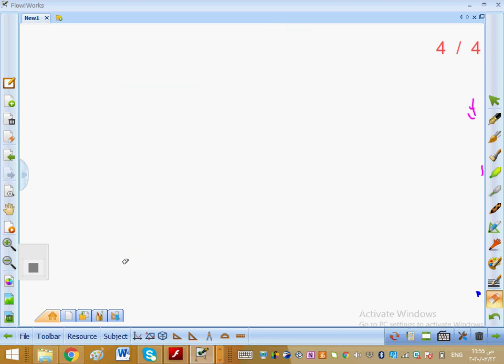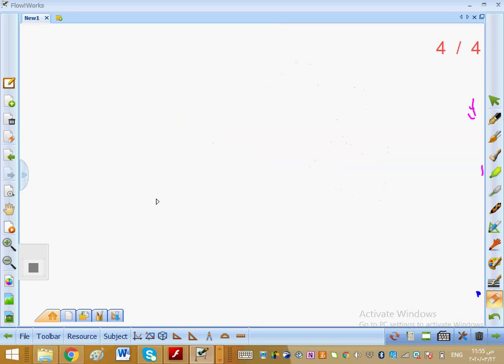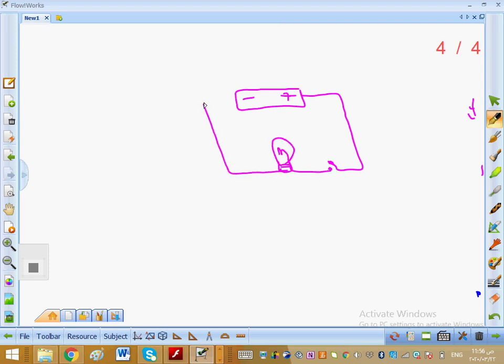So if we have a simple circuit, then we added, for example, a light bulb anywhere here. So, for example, if we have an electric circuit, and then I'll put a light bulb here, okay?